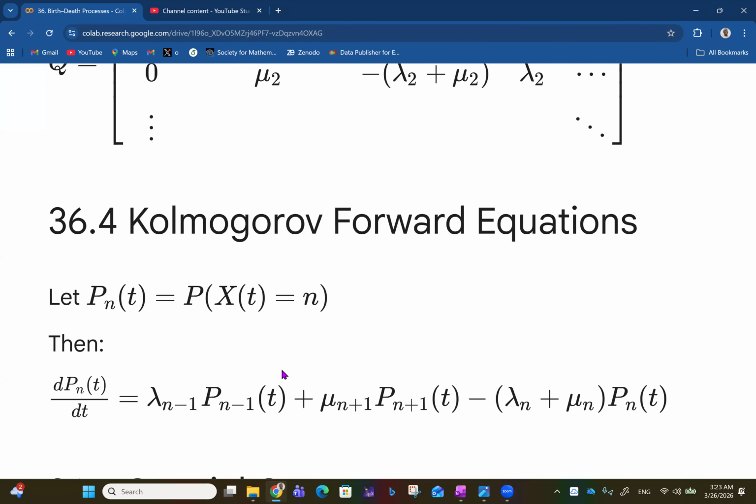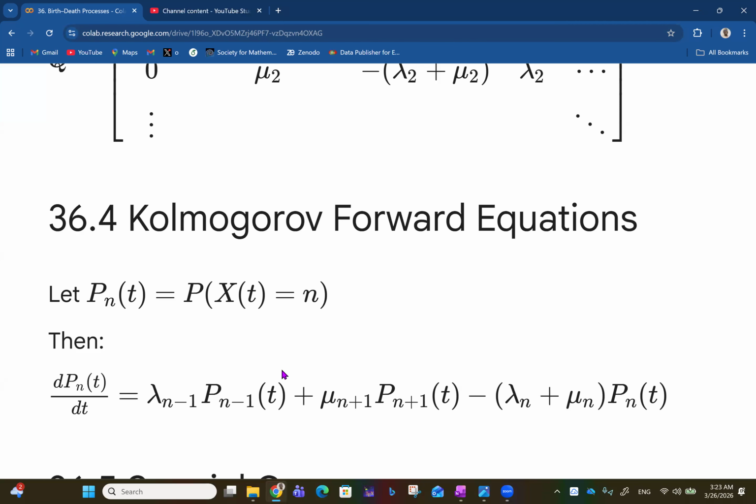Then for the Kolmogorov forward equations, which we already saw in a previous video, let p sub n of t be the probability that X of t equals n.